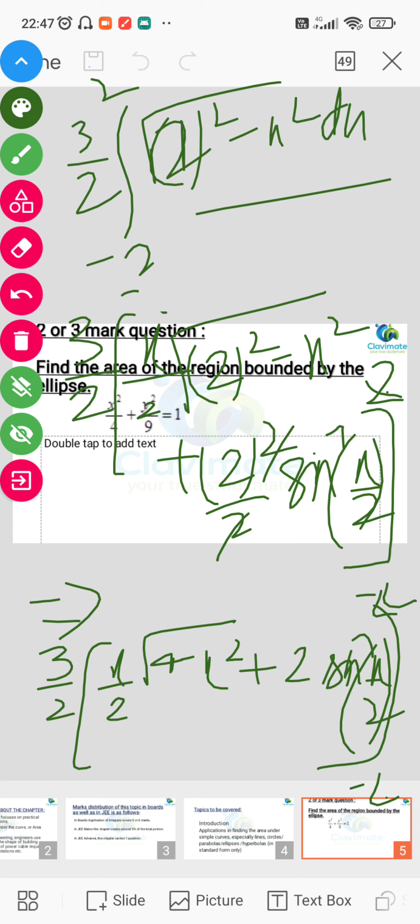Okay, so let us solve it further. Now I have to put the limits, upper limit and lower limit.